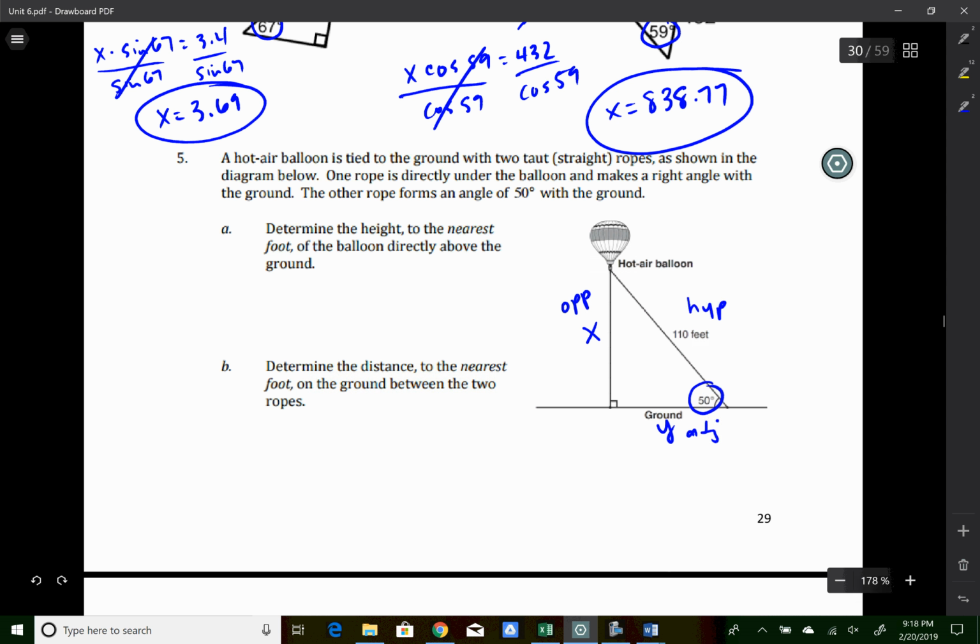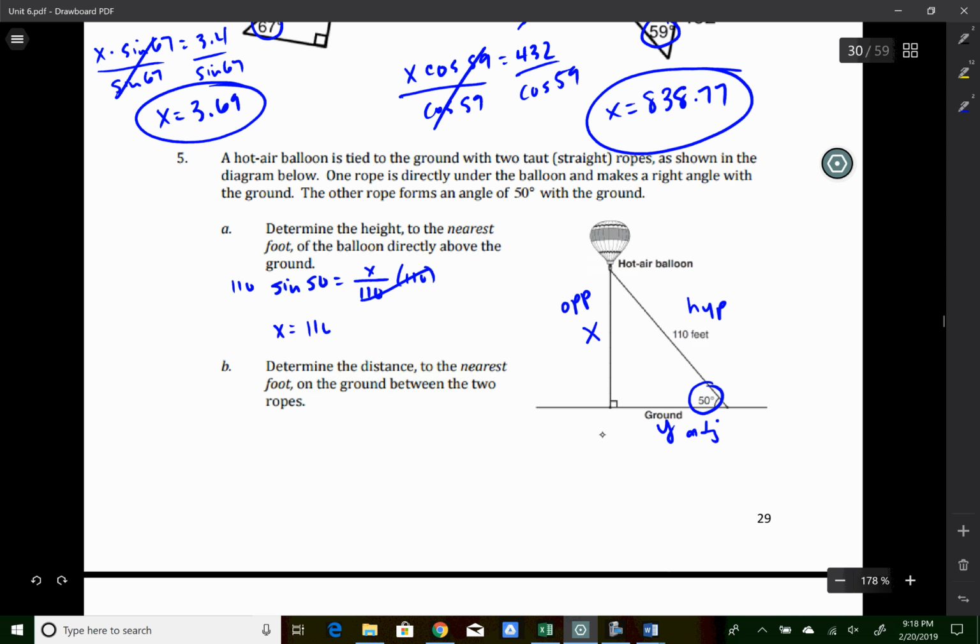rope, is the hypotenuse. So for part A, when I'm trying to determine the height of the balloon, I'm trying to determine x. I have a ratio of the opposite compared to the hypotenuse side, so that's sine. So I'm going to say the sine of 50 is equal to the opposite over the hypotenuse. Multiply both sides by 110. Less algebra here because now x is by itself.